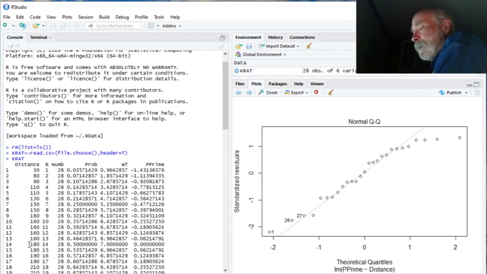So if you say the area of effect for the cattle tank should be where you have a 50% chance of encountering kangaroo rat mounds, that distance would be 180 meters. So the cattle tank has an area of effect of a circle that has a radius of 180 meters, which turns out to be quite a large area. Very good. See you guys next time.